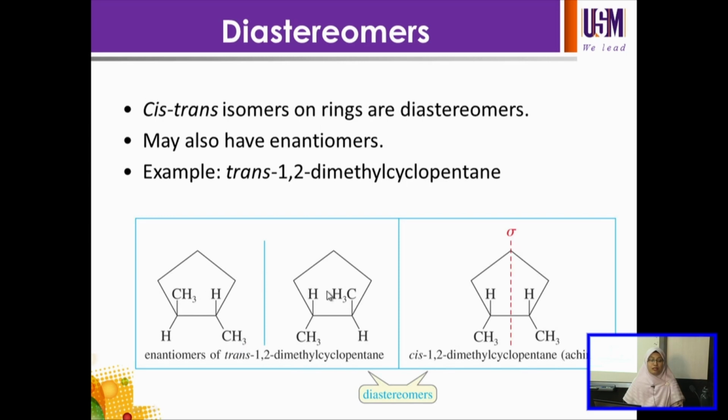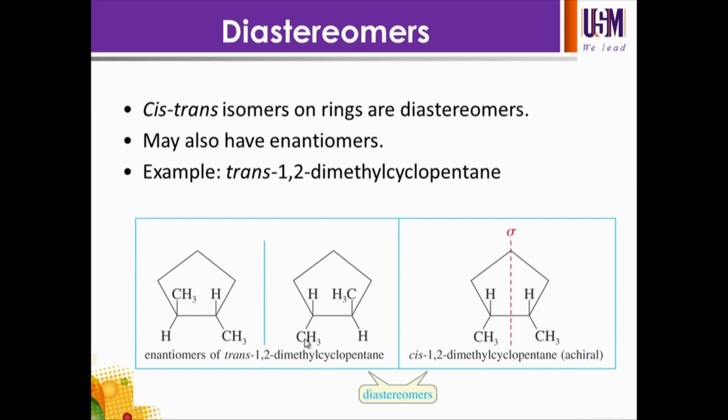We have a non-superimposable mirror image to each other of both of the trans isomers. Remember, a trans isomer is when we have the functional groups of interest in opposite directions. So here we have one methyl group facing up and one methyl group facing down, while on this second enantiomer, we have one methyl group at the bottom and one at the top. So these are a pair of enantiomers.